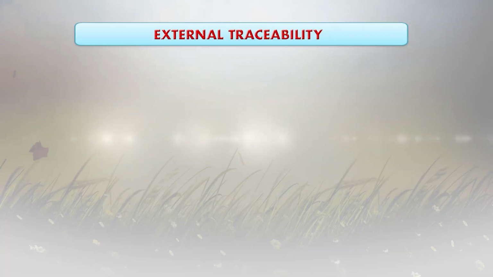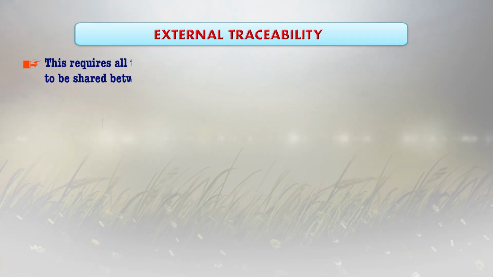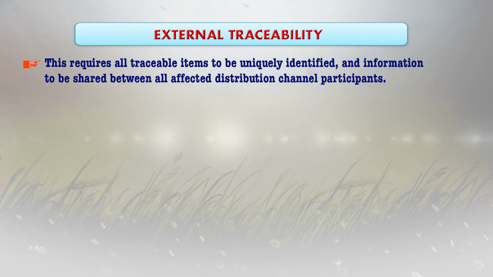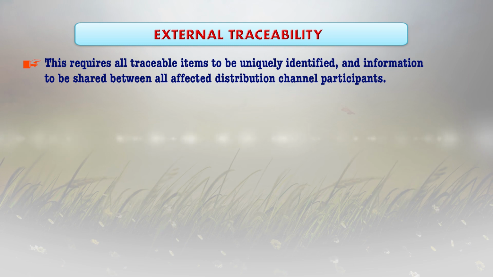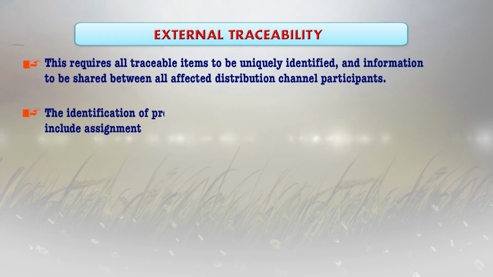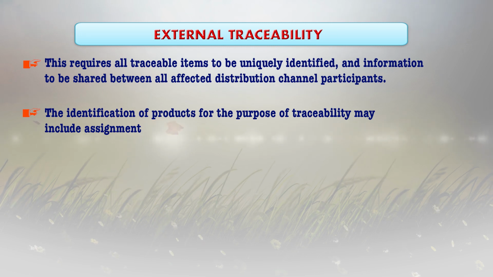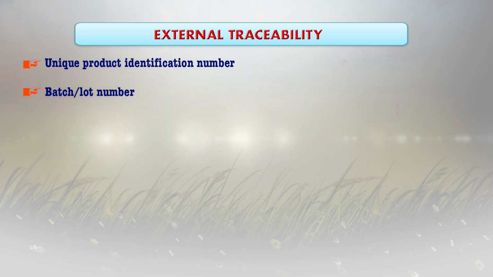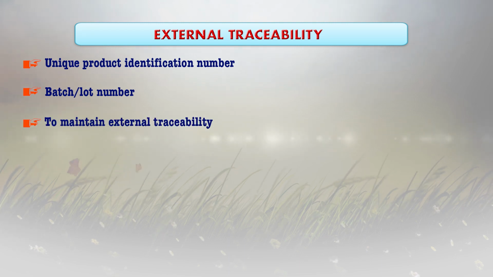So, external traceability, what does it mean? That requires all traceable items to be uniquely identified and information to be shared between all affected distribution channel participants. The identification of products for the purpose of traceability has so many criteria, that is the unique product identification number and also the batch or the lot number, to maintain external traceability.